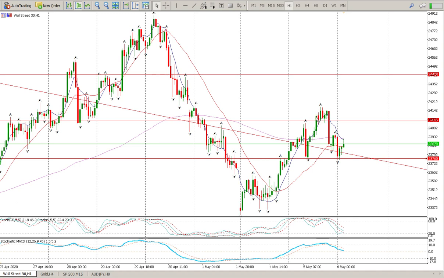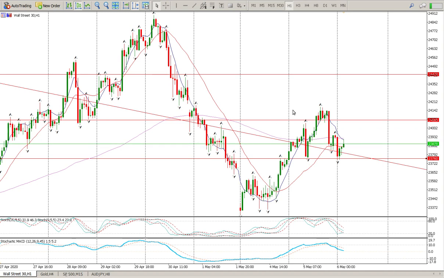You closed above it and then stayed above it for another 5 hours, and then rejected it at the close. So is that a major level break, or is it a rejection? I think that's open to interpretation depending on what style you're using to trade. For me, it's confused. I'm not really going to read much into that.